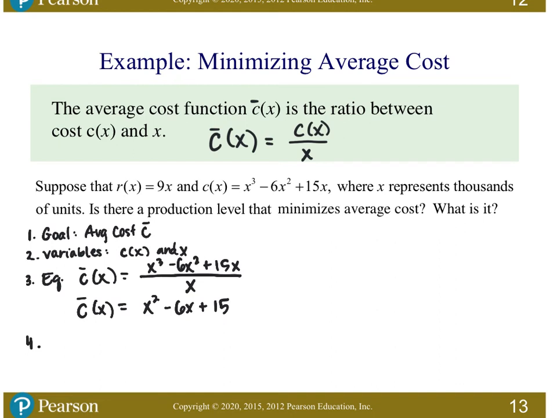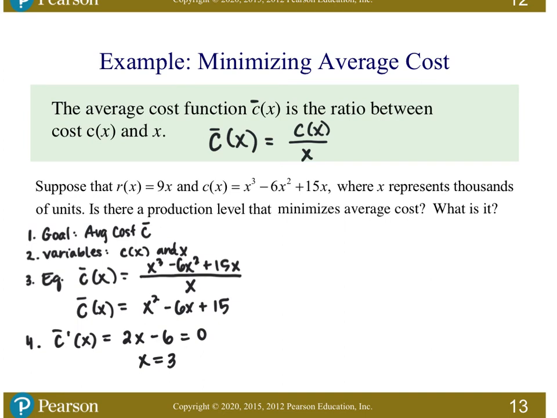All right, now we're ready for the calculus of this. So we want to find C bar prime, which is 2x minus 6, which is pretty easy to solve. So x is 3. Now, how can we make sure what kind of point this is, if this is a min or if this is a max?